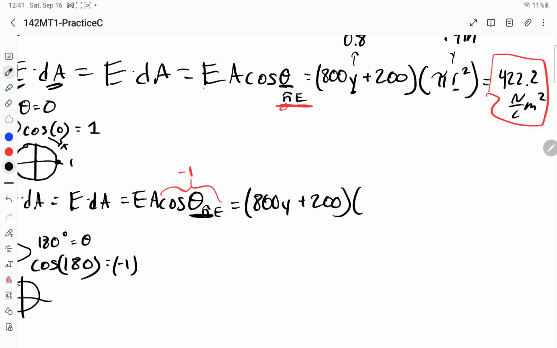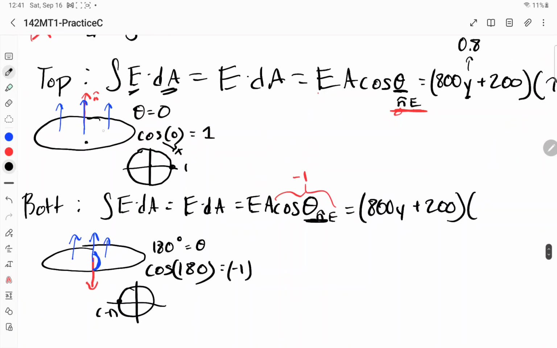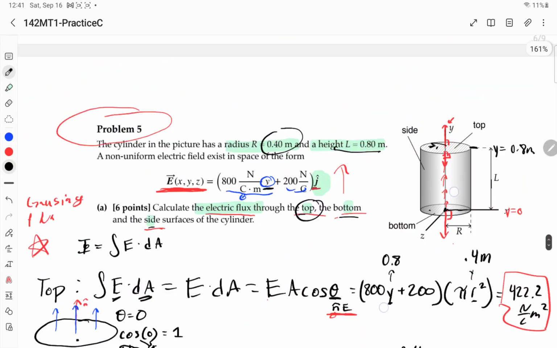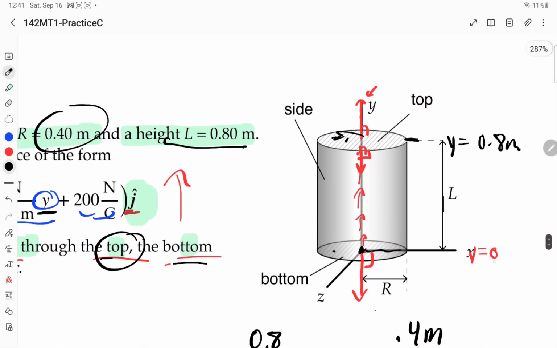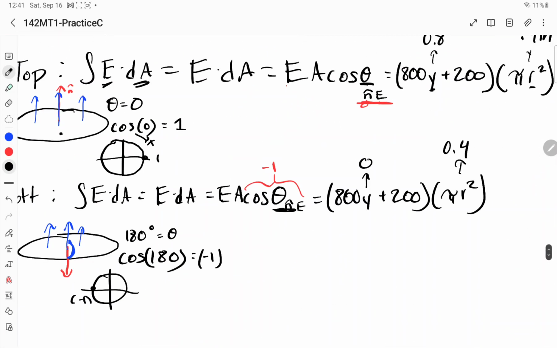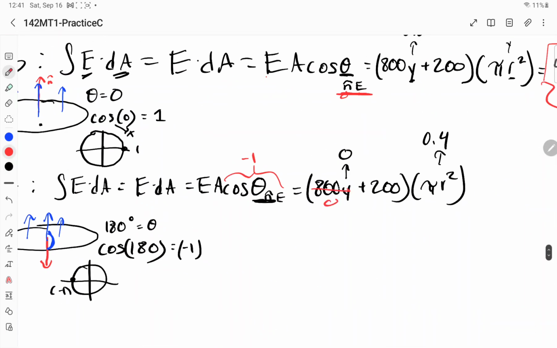In area, well, the top and bottom have the same area, pi r squared. Like we said, we already know the r, it's 0.4 meters. And this y, let's look at the coordinate system they give us, is at y equals 0. So now let's just say 0 here. That's going to completely get rid of that term.